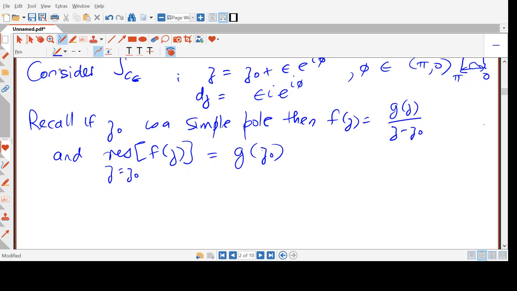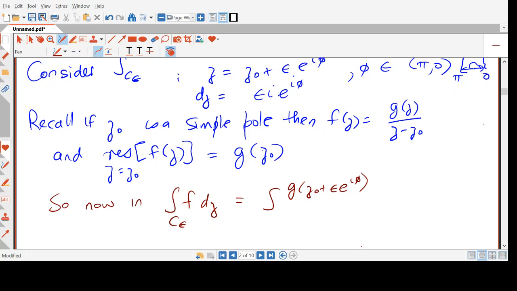So now in this integral of f of z dz along c epsilon, you can write this as the integral of, on the top, g of z, so it will be g of z0 plus epsilon e to the i phi, divided by z minus z0, that's epsilon e to the i phi, times dz.